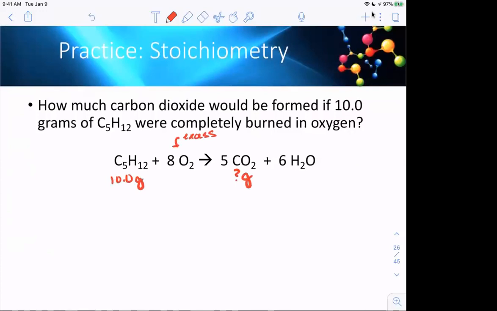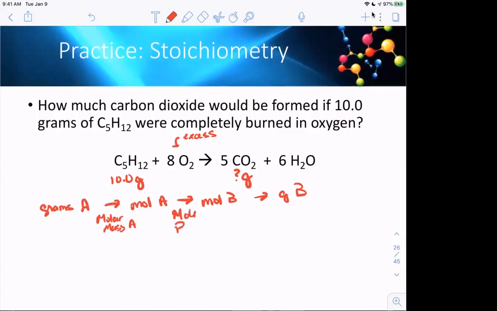So again, I'm going to go from grams of A to moles of A to moles of B to grams of B. This is using the molar mass of A. This is using the mole ratio between A and B.